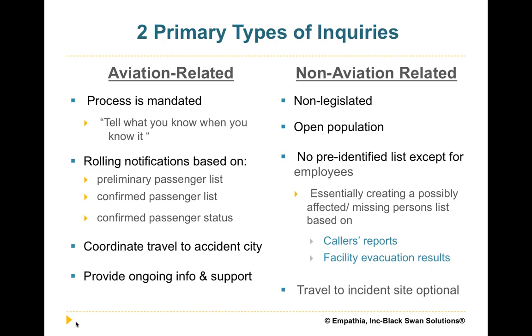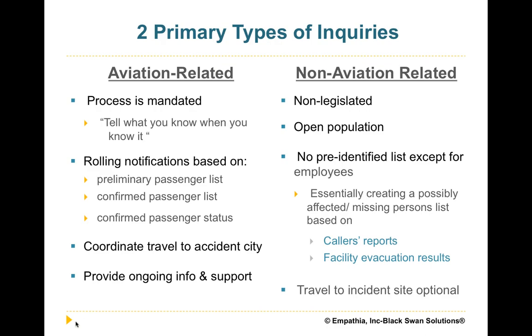Are they uninjured? Are they injured and transported? Have they been transported to a local hospital? Or possibly, if they've not survived the accident. And so that's the most difficult aspect of this whole role, and another task that we're going to try to prepare you for.